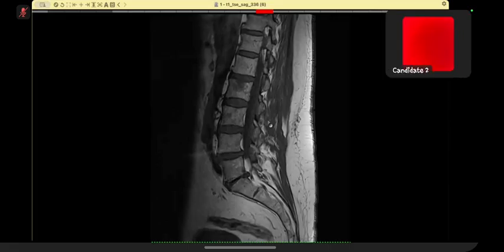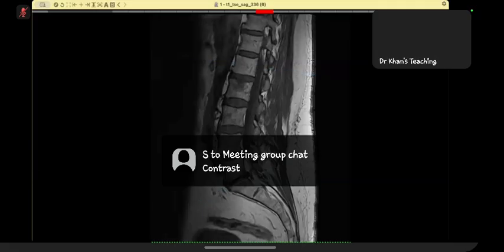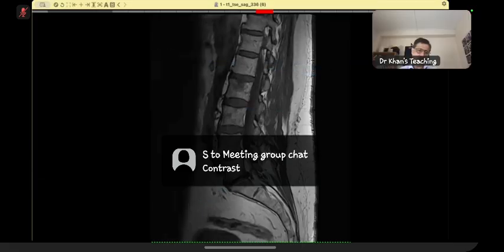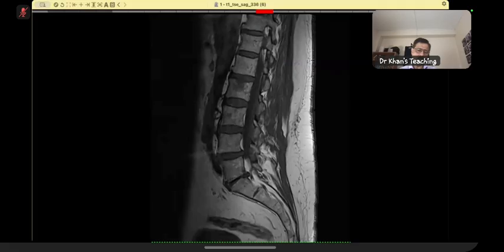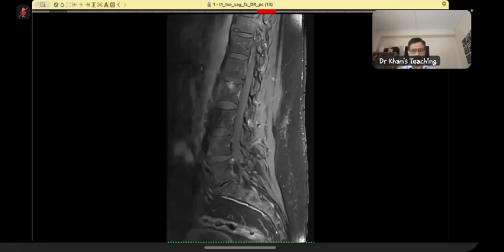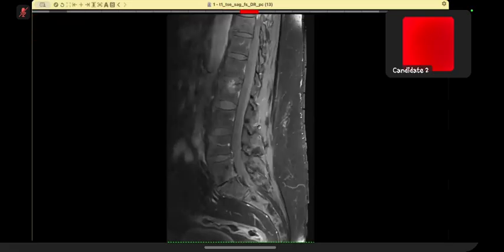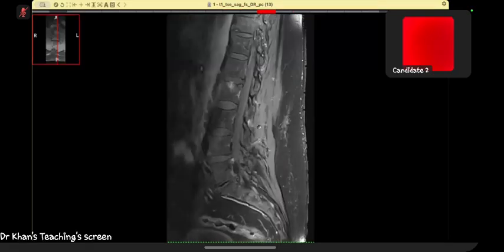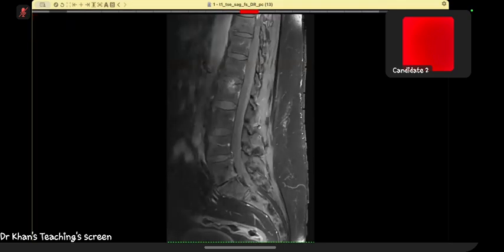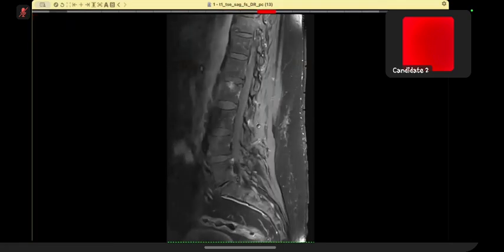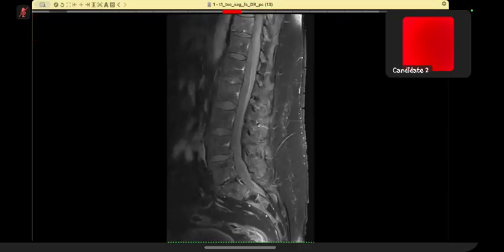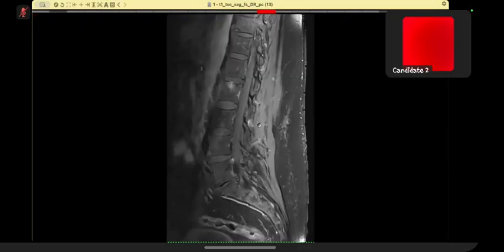We can look at the post contrast images. Mm-hmm. Post contrast. On the post contrast, there is no significant, there is some enhancement in the region of the disc, and adjacent to this in the vertebral body also.